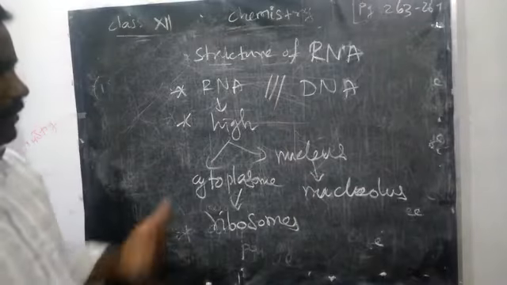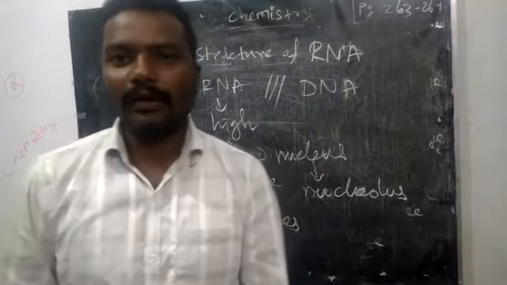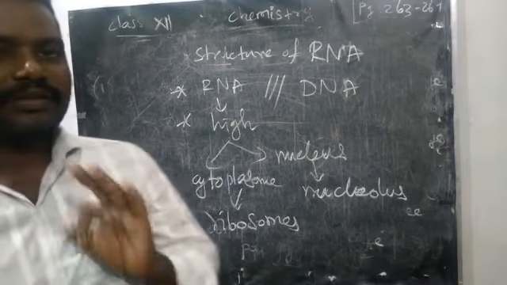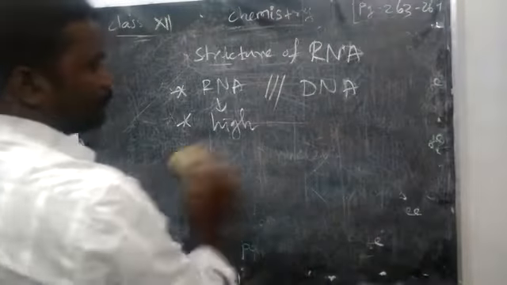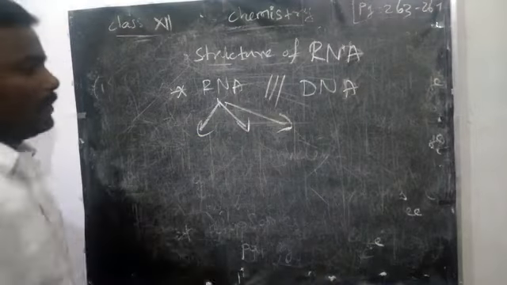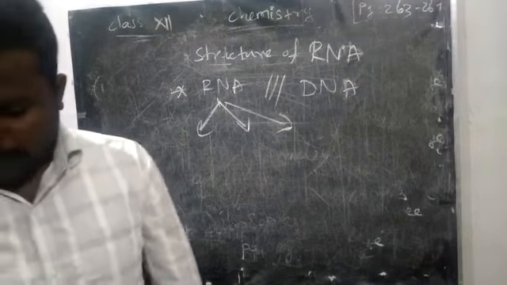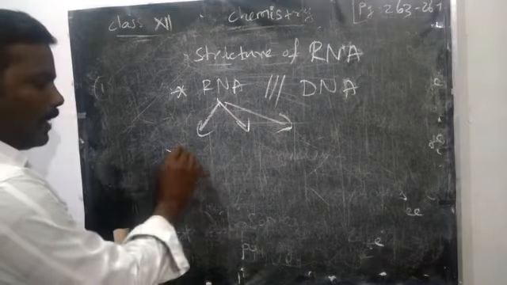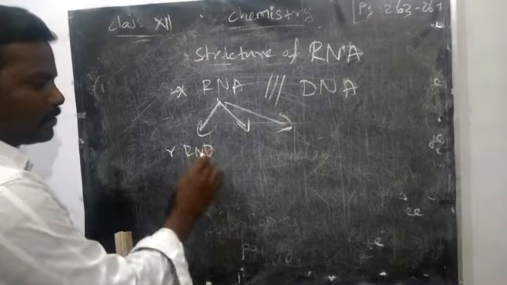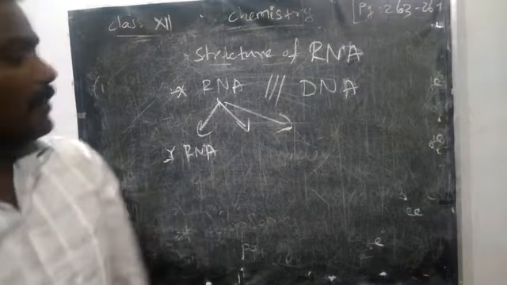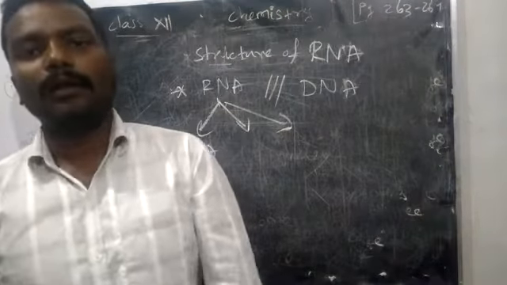Okay. Then, based on its function and structure, we can divide this RNA into three types. One by one we will go. rRNA, small r RNA. What do you mean? Small r RNA is nothing but ribosomal RNA.